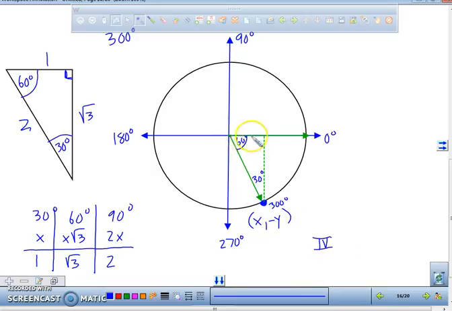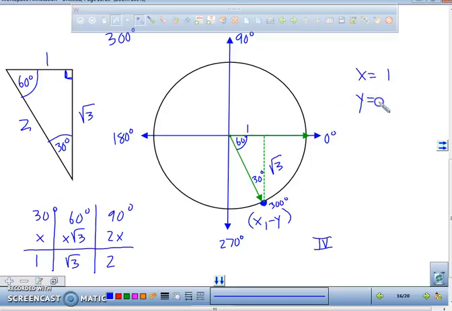So what's the distance from here to here, everybody? 1. What's the distance from here to right here? Radical 3. But what I want you to understand is, since that's our y value, our x value is what? Our x value is 1. What's our y value going to be, though?